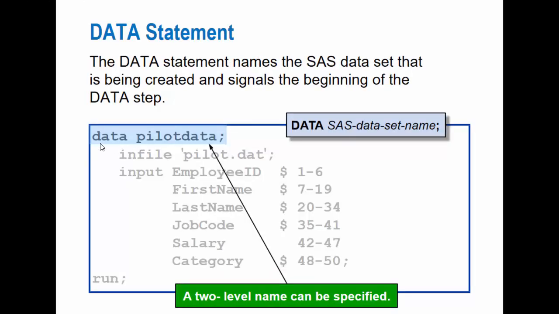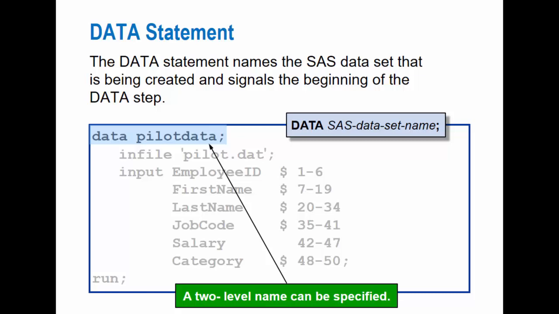All right. So you start with data, and then give a name. Now where will this data set be saved? This is the SAS data set. Where will it be saved? Which library? Work library, because we have not specified a library name there.